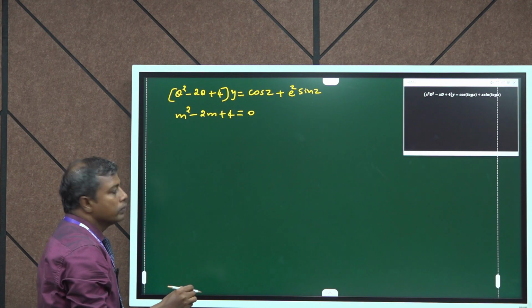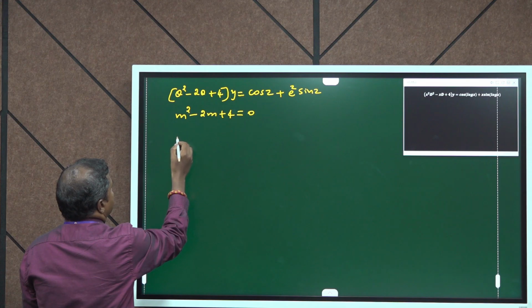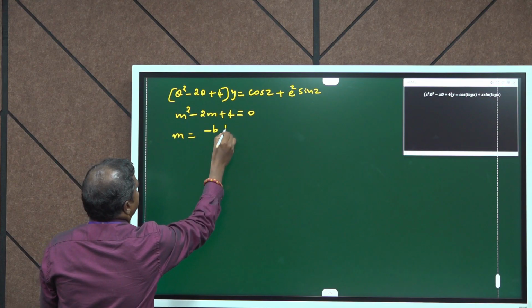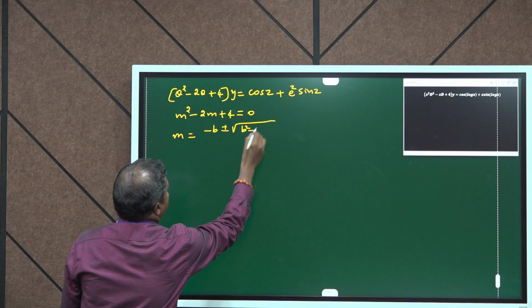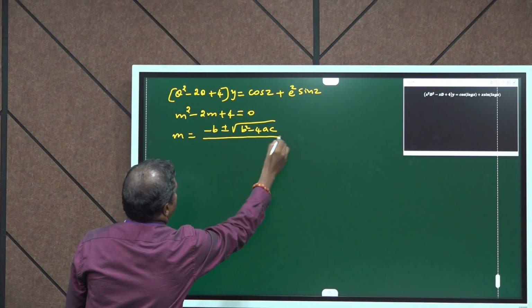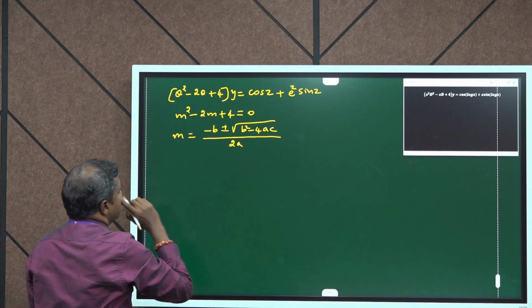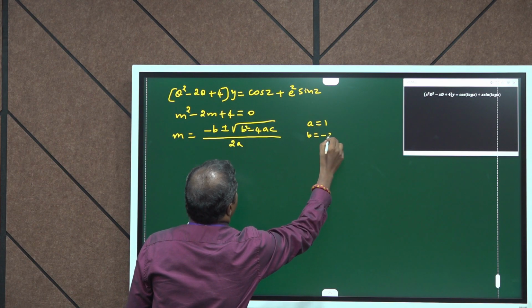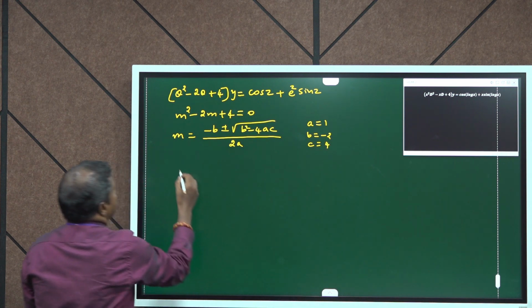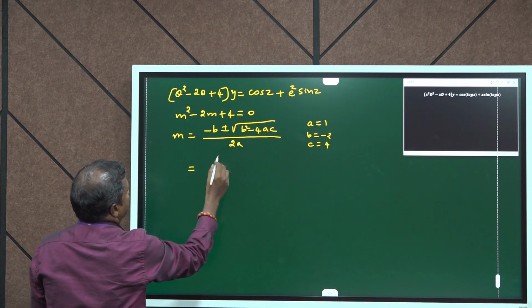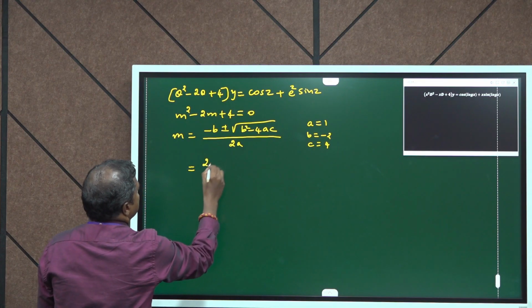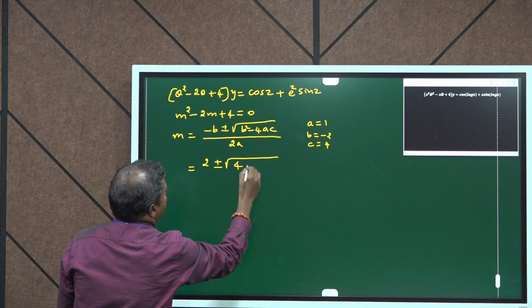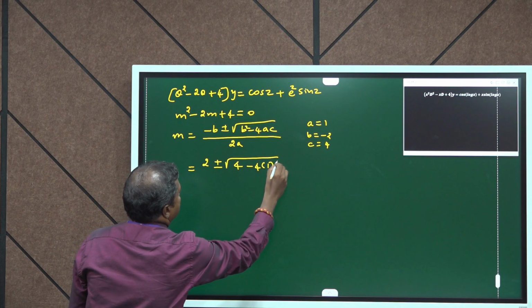So how are we going to solve it? We cannot factorize directly, so we use the formula m is equal to minus b plus or minus root of b square minus 4ac by 2a. Here a is 1, b is equal to minus 2, c is equal to 4. So minus b, since b is minus 2, it is 2, plus or minus root of b square, minus 2 square is 4, minus 4 into a is 1, c is 4.